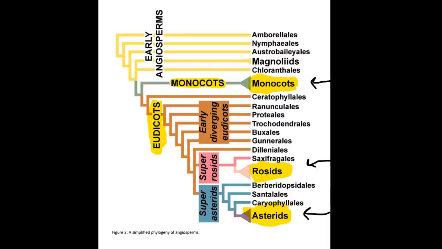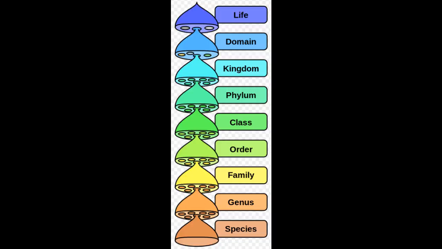You can think of them as continents. Just as continents are divided into countries, monocots, rosids, and asterids are divided into smaller groups called orders, which are then split into families, then genera, and then finally species. That's how the biological classification works.